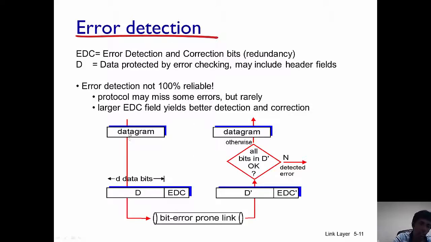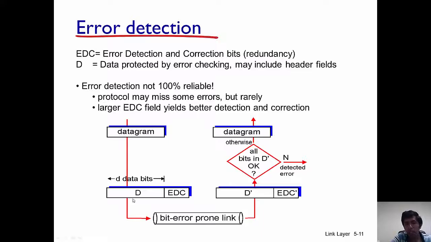Now what the sender does is it takes the datagram from the network layer, and let's assume that the datagram is D bits. It adds something called EDC, which is the error detection and correction bits. Those are added for redundancy. If you don't have additional bits, there's no way for you to detect error. Now, what I want to say even before I get into error detection and correction is that error detection is not 100% reliable, and we'll look at an example of this.